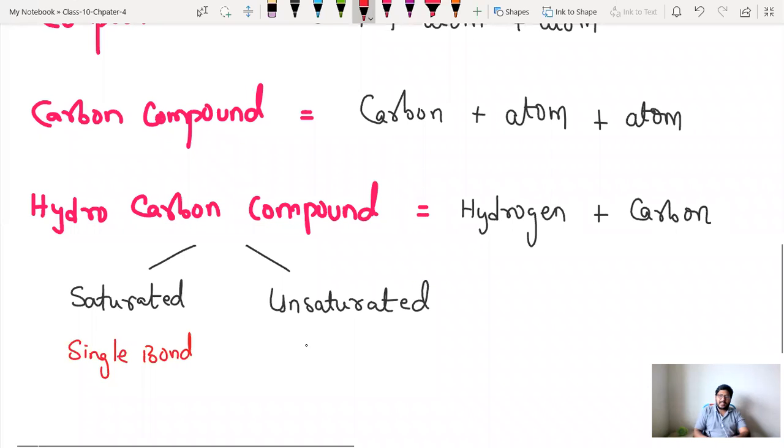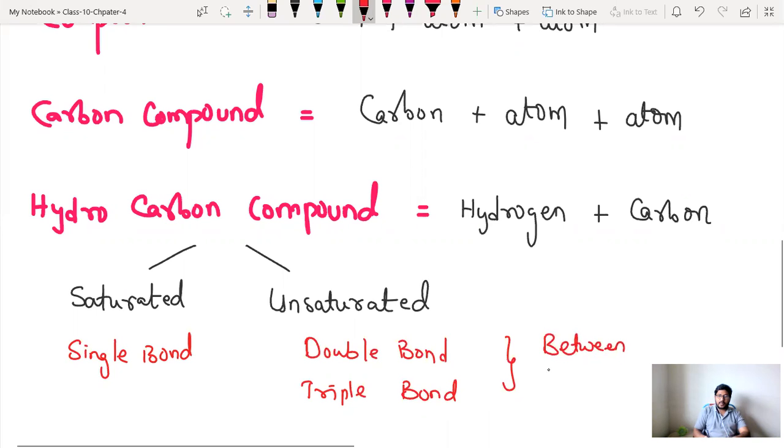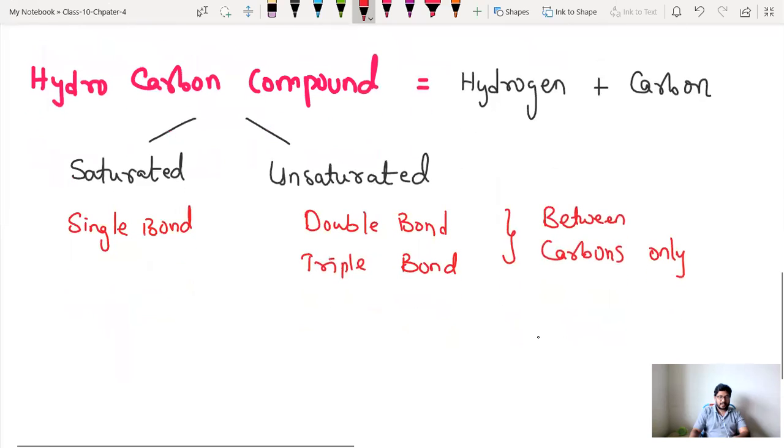Whenever you see at least one double bond between carbons, or at least one triple bond between carbons, it is unsaturated. Guys, not between any other element. Single bond, double bond, triple bond should be between carbons only. You have to understand that.